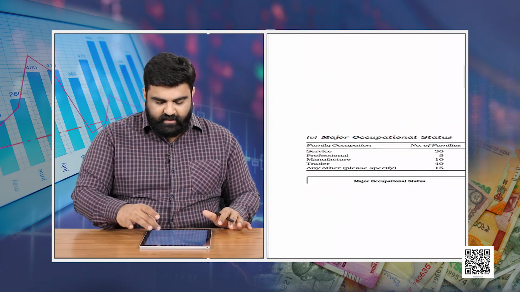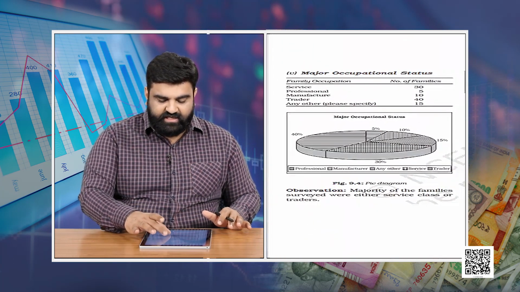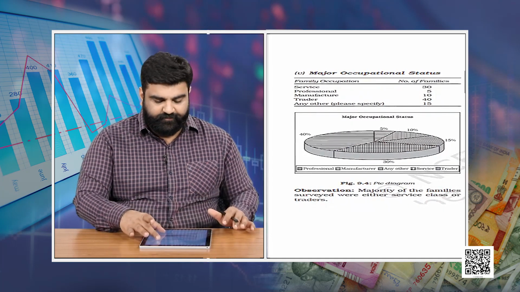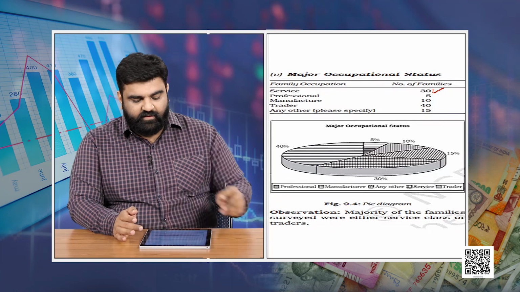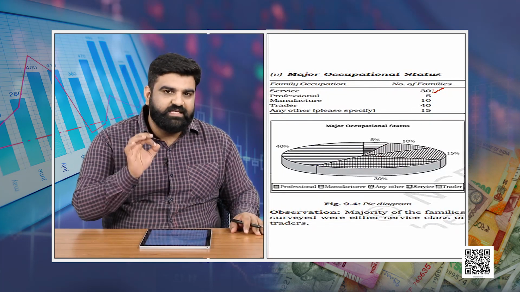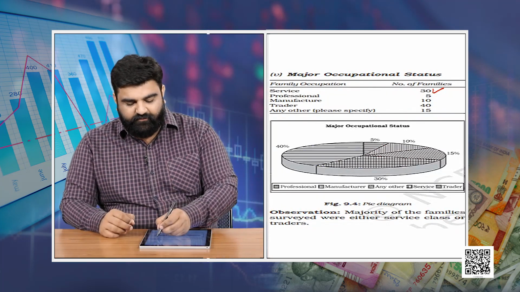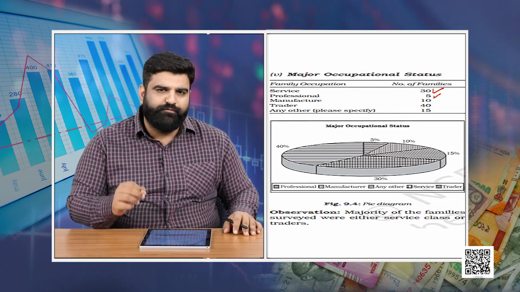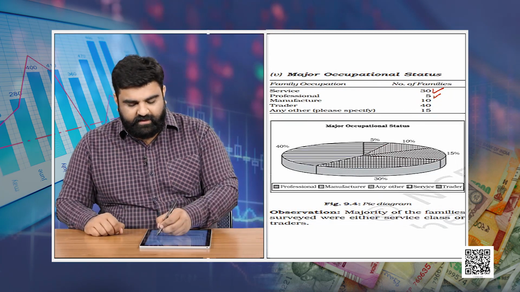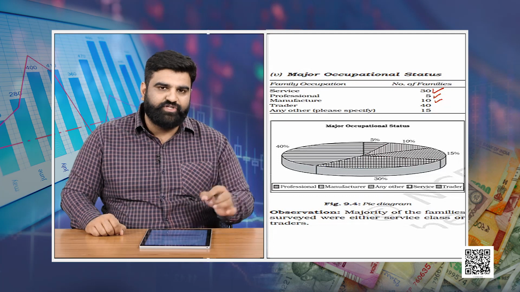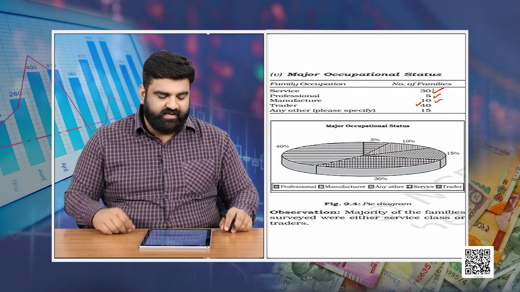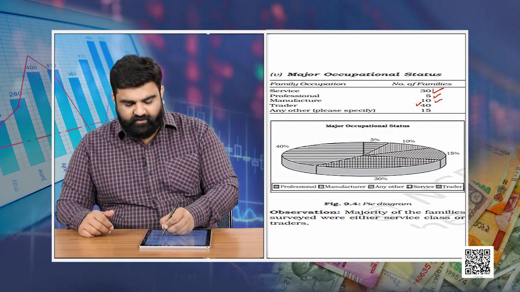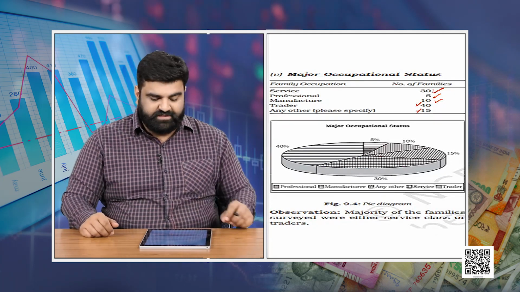Then, let us discuss the major occupational status of the people who were surveyed. So, we have 30 families which belonged to the service class, 5 families belong to the professional class, 10 families belong to the manufacturing class, 40 families belong to the trading class and any other were 15 families.